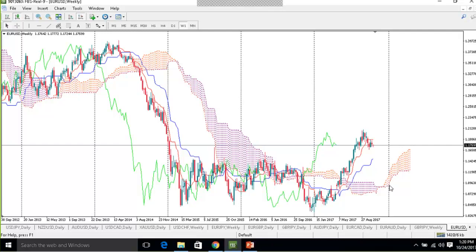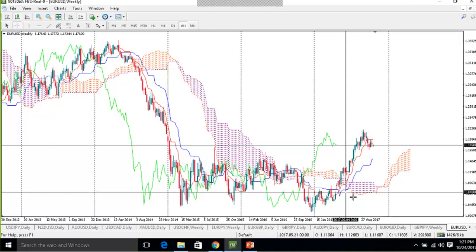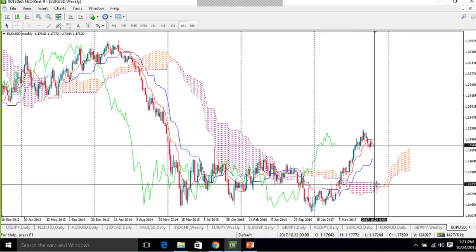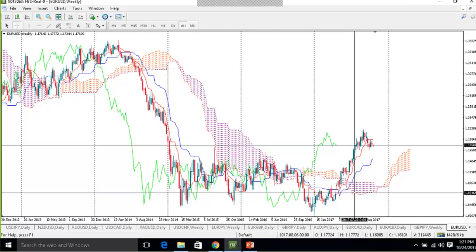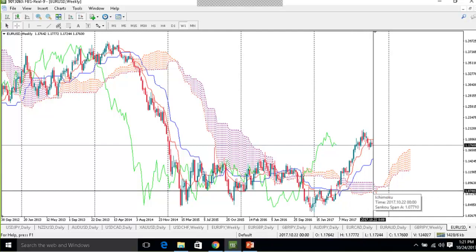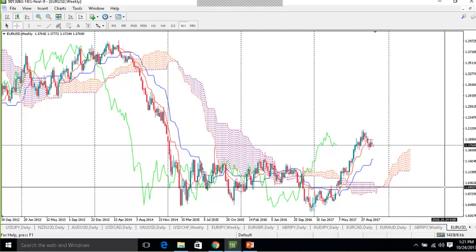So the basics is that when the short-term moving average is above the longer-term moving average, the cloud is positive or bullish, and you can see that it is painted in lighter color. Here the situation is the opposite. We can see that the longer-term moving average is above the shorter-term moving average, and the cloud is painted in darker color.